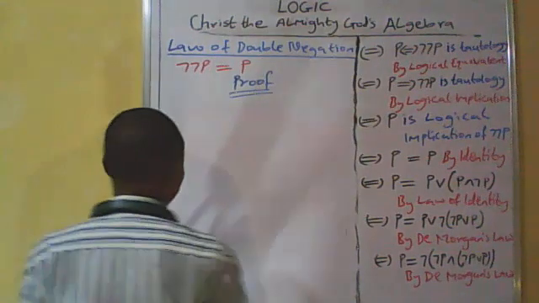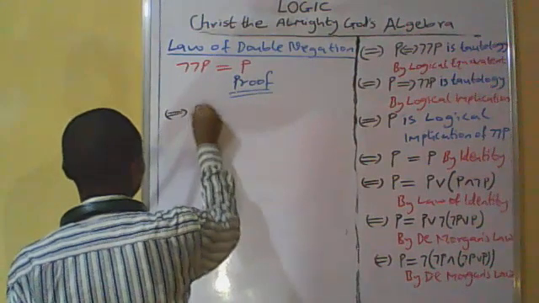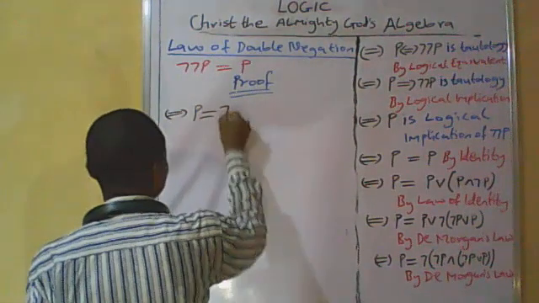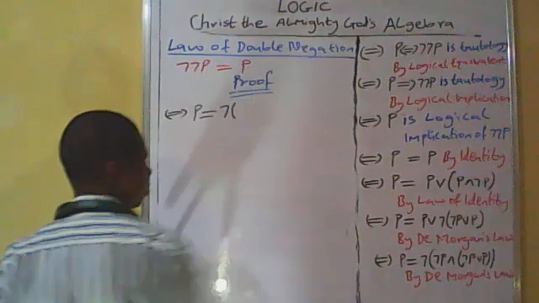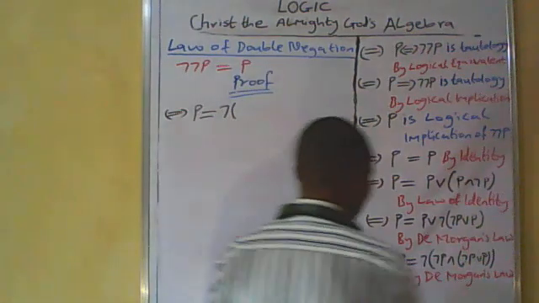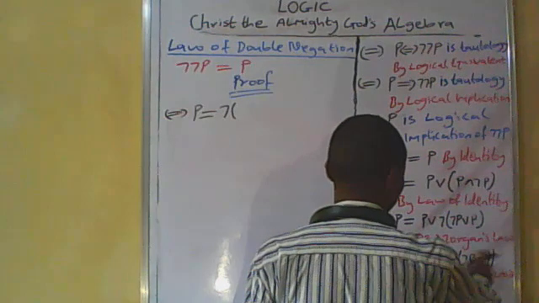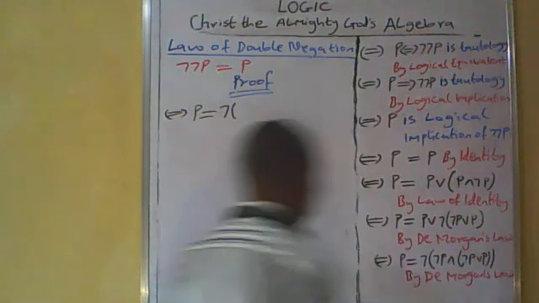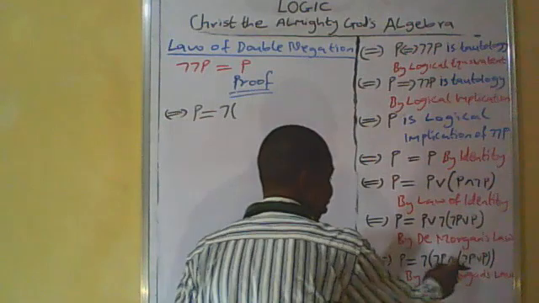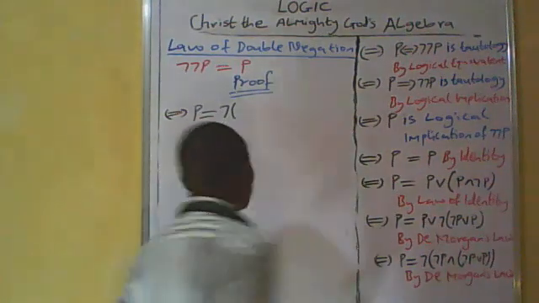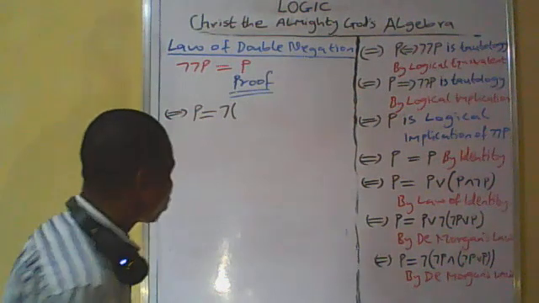Because of this, we say that if and only if P is equal to not bracket not P. Now you see that this not P and bracket not P or P is equal to not P by law of absorption.